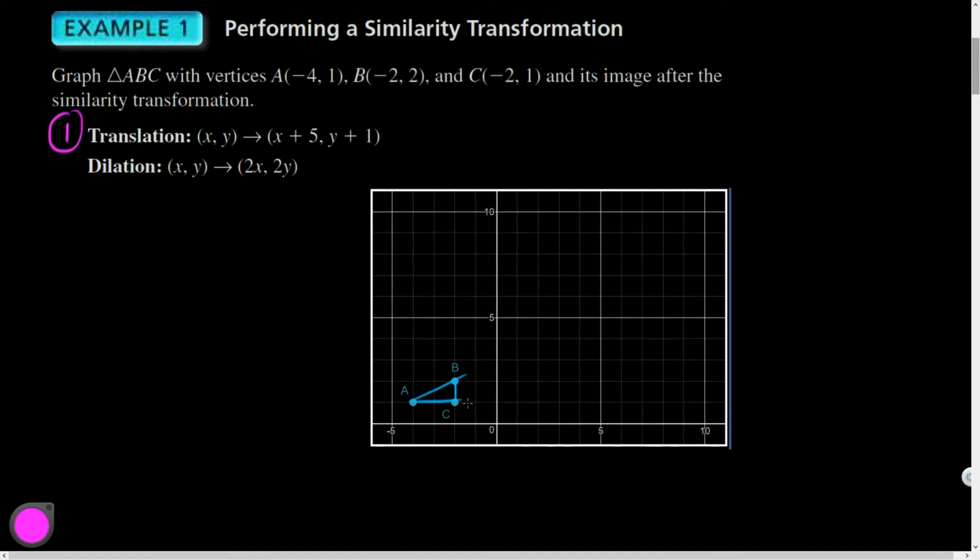So for A, it's going to go over 5 and up 1. So here's... I'll undo that one there. There's my A prime. C was 2 units to the right of A, so C prime will be 2 units to the right of A prime. And I find it easier sometimes to translate one point and then get the remaining points by referencing it.